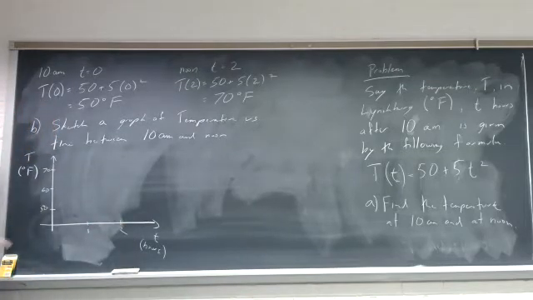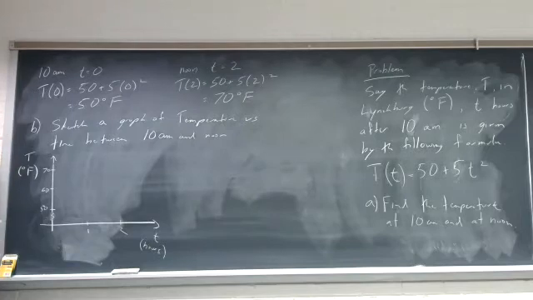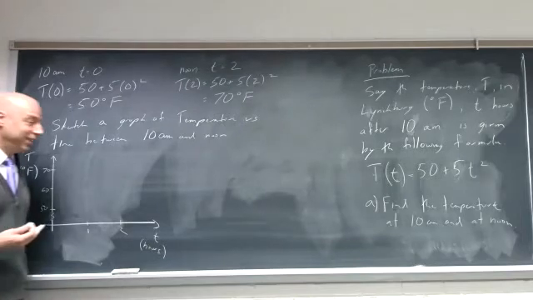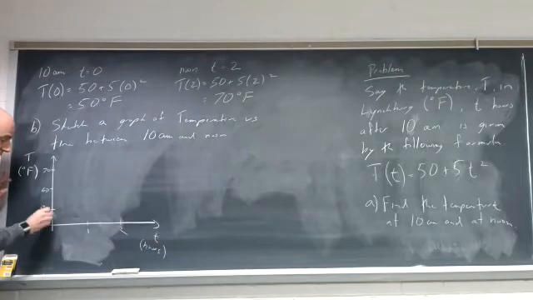For those of you that draw graphs in other classes, you might be used to putting a little zigzag thing right here to indicate we're not going all the way down to 0. You can put that in if you want. So at time 0, I'm going to take that out. It's just making my picture look more complicated than it needs to be.